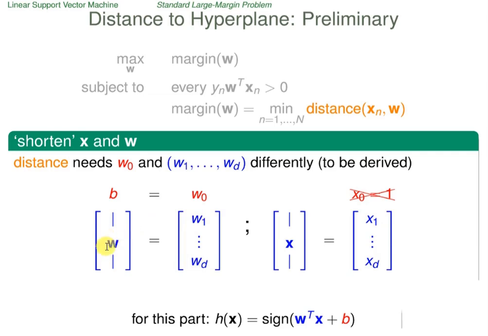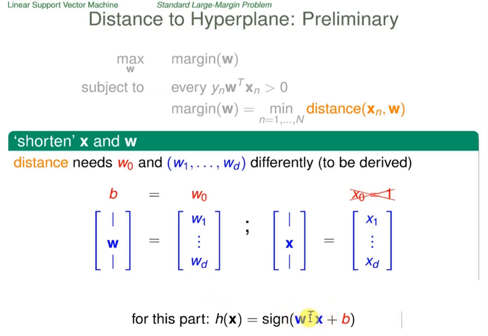So now we have W and then B, which corresponds to bias. The reason is that the mathematics of large margin separating hyperplanes will treat these two types of weights differently. So to avoid any confusion, we relabel W0 as B for bias, and we'll continue using W for the remaining weights from W1 to WD. And then we represent the hyperplane with the following equation.